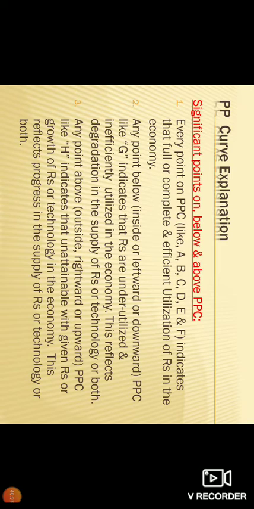This reflects degradation of supply of resources or technology. Degradation means not properly used, not properly put into production, or technology has gone wrong, or resources have not been properly used, or both the resources and technology have not been efficiently utilized. Because of that there is a leftward shift in the production possibility curve.